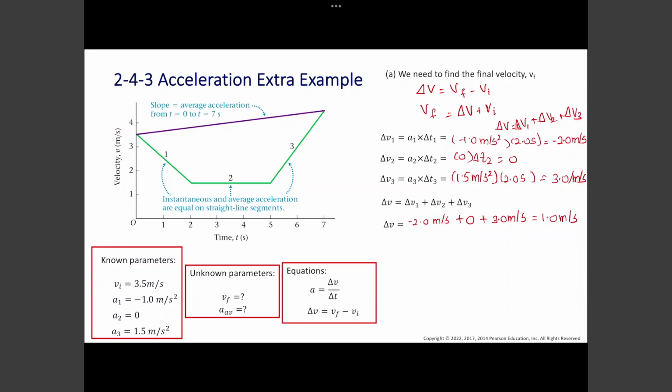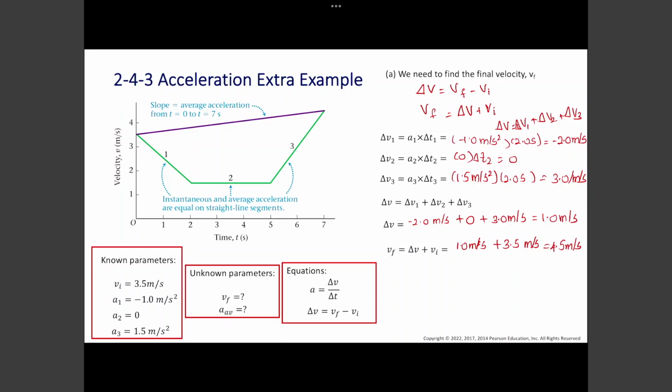Now we know delta V and we know V initial, which is given, so we can find the final velocity. The final velocity is delta V plus V initial. Delta V, we just found, is 1.0 meters per second, and V initial is given here, it is 3.5 meters per second. So the answer is 4.5 meters per second.